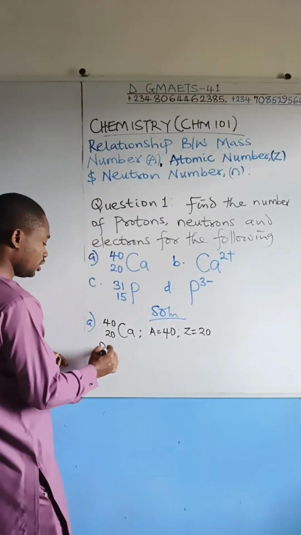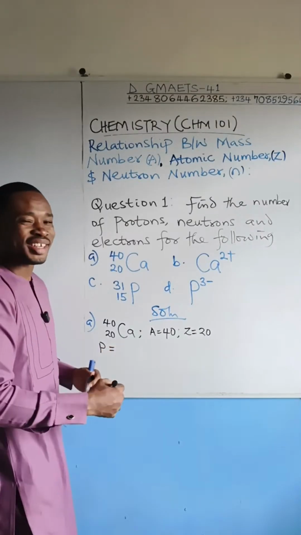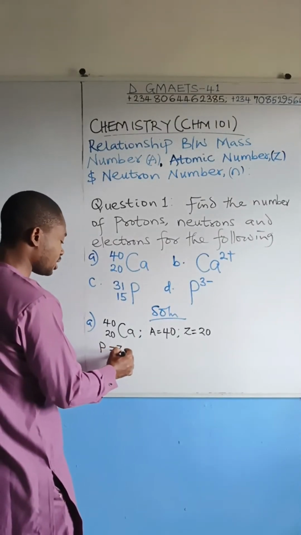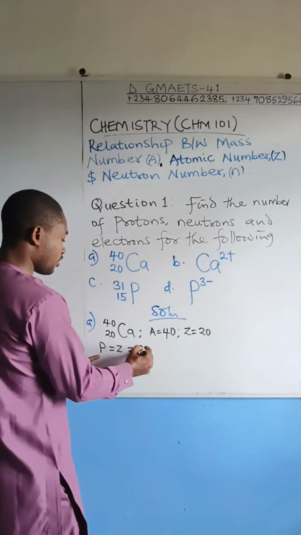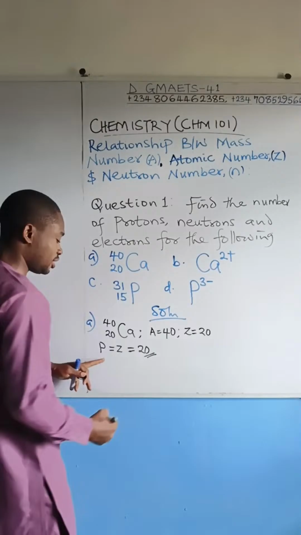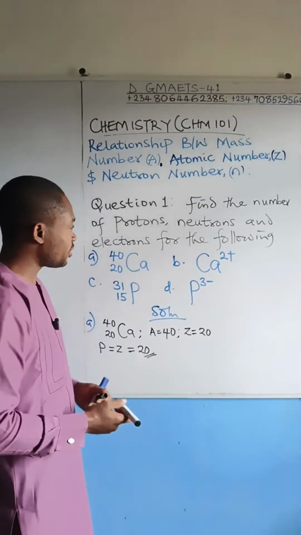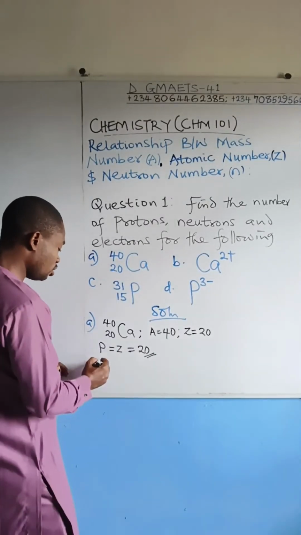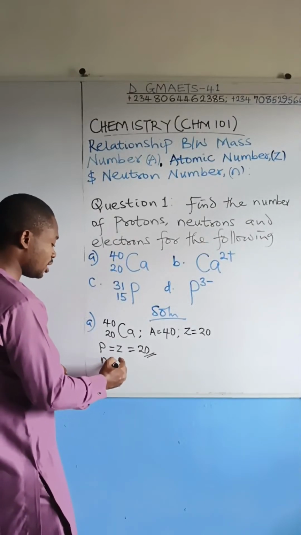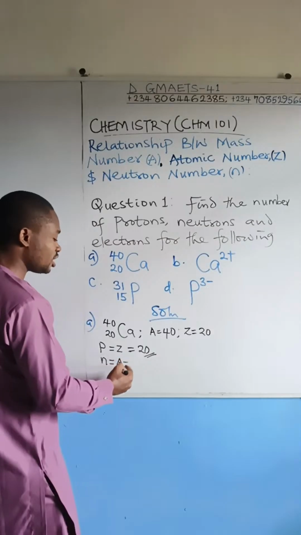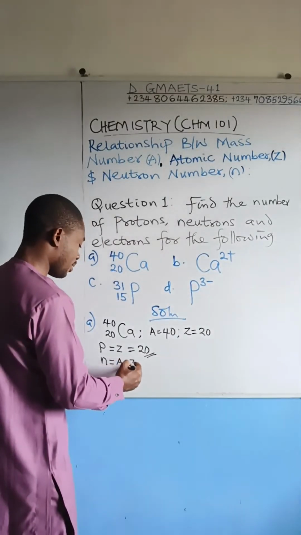Proton number P for an atom or for an ion is equal to the atomic number Z. So if the atomic number is 20, the proton number of calcium will also be 20. So we have obtained the proton number. Now the neutron number. How do we get the neutron number? It will be the mass number minus the proton number or atomic number.